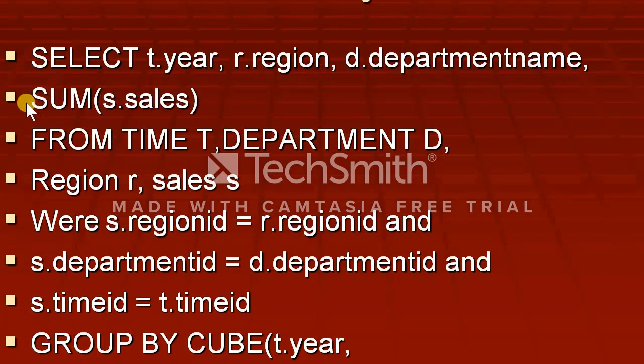Now the sum is being calculated based upon these 3 columns' values. There are no hierarchies inside a column, but there are different values based upon which we can calculate all the results. In our group by clause we provided year, region, and department name.